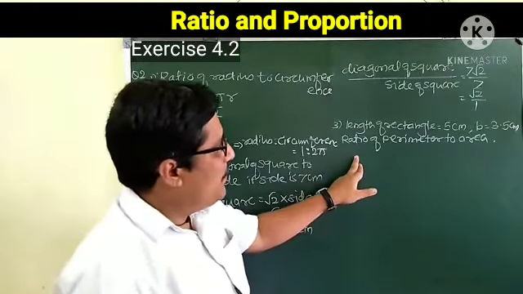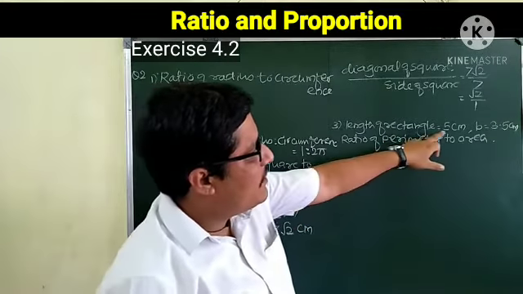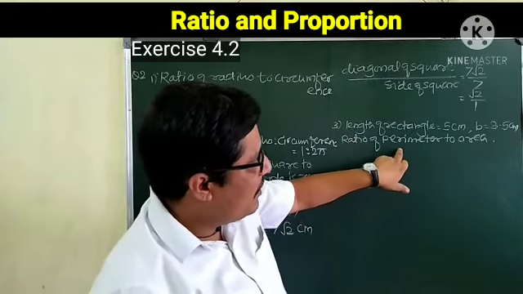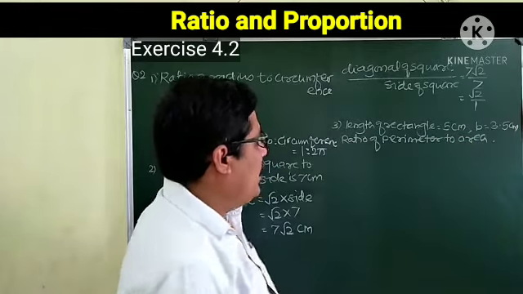Now next example is length of rectangle is 5 centimeter and breadth is 3.5 centimeter. Then we have to write the ratio of perimeter to area.